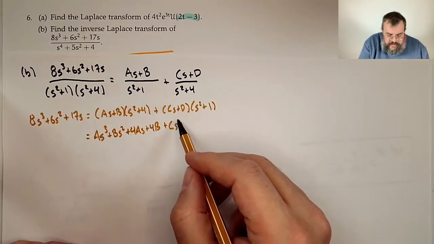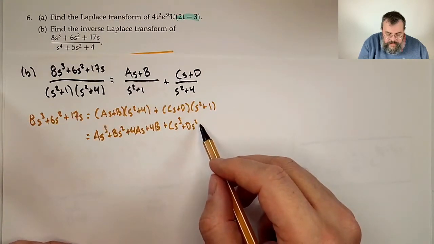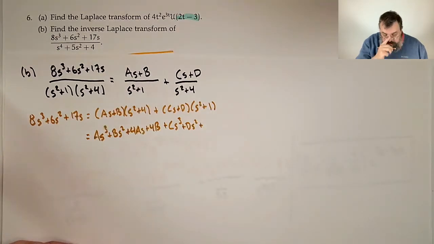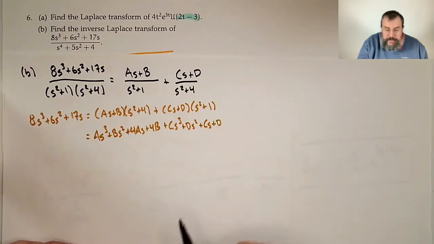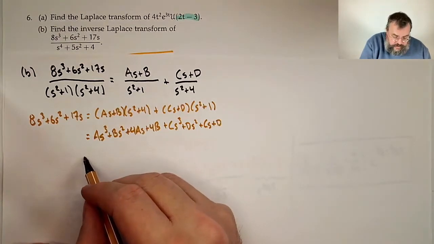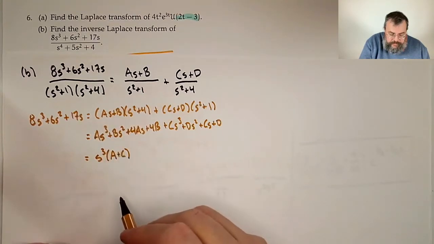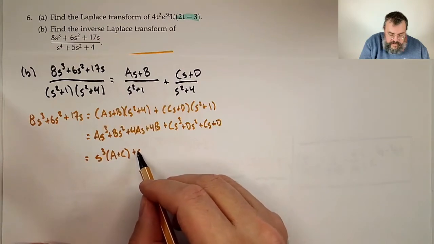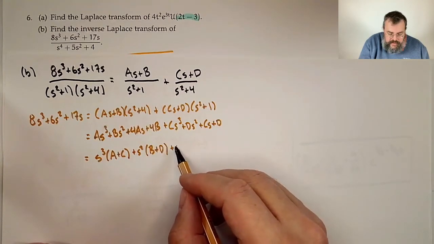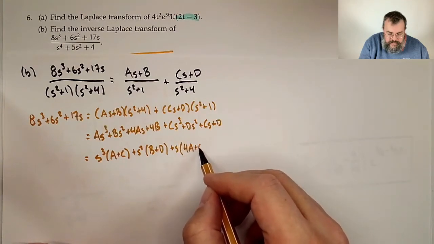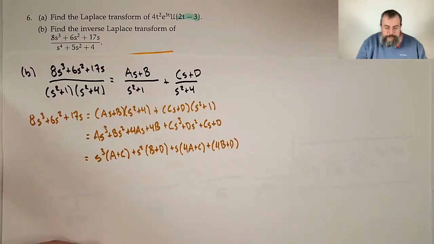Over here we have Cs cubed plus Ds squared, and then we have plus Cs plus D. Or, if you like, that's s cubed times (A plus C) plus s squared times (B plus D) plus s times (4A plus C) plus (4B plus D).